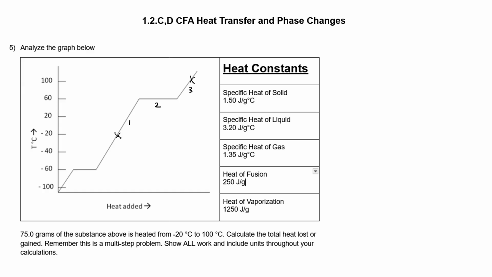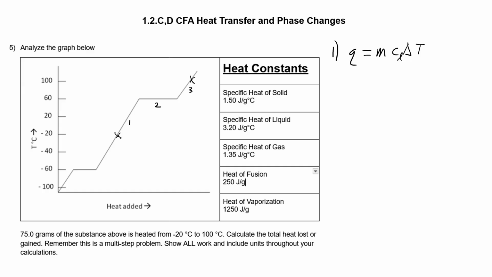Let's break these down one by one. Let's look at equation number 1. Since we are undergoing a temperature change, we need to use this equation, Q equals mc delta T. And since this is the liquid phase, we want to use the specific heat of the liquid in our calculations.